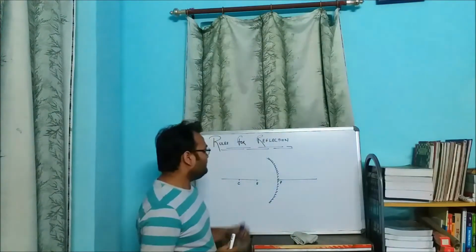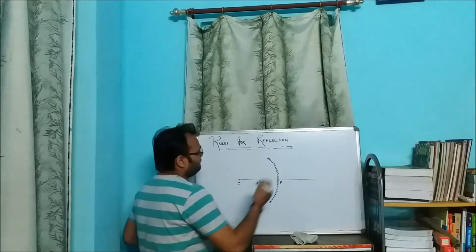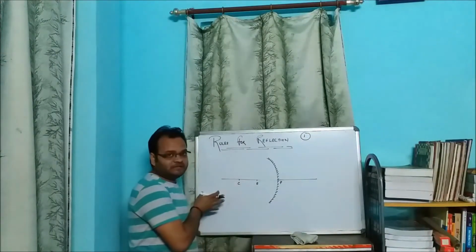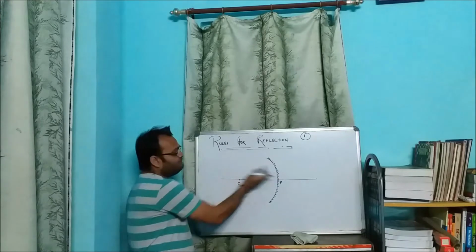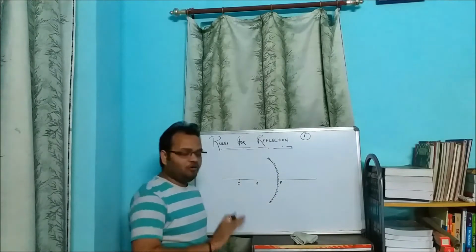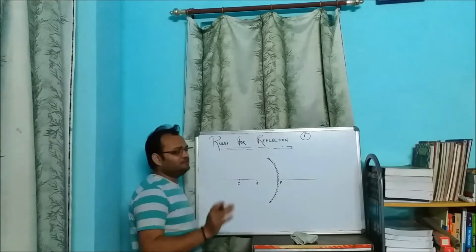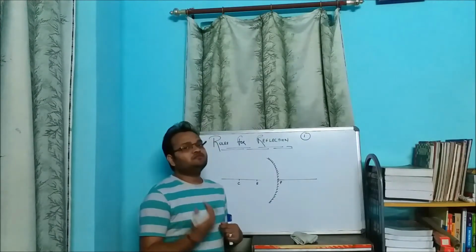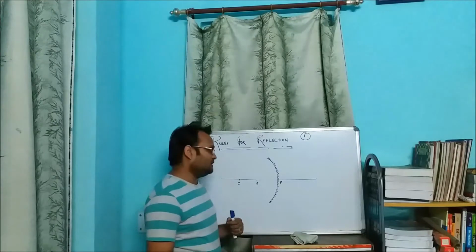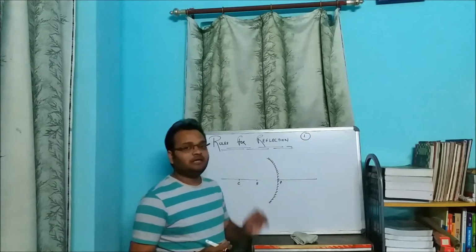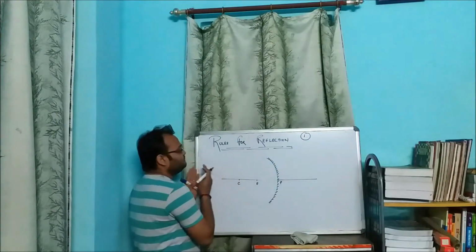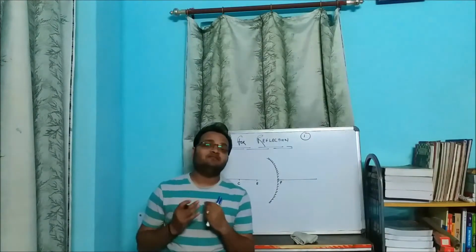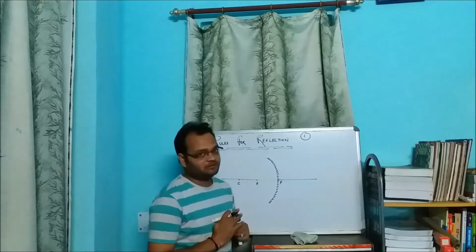Now coming to the first rule. When the object is kept in front of a concave mirror or convex mirror, I will not explain again and again, we will do concave and convex separately. Either we can use a concave mirror or a convex mirror. The first rule is, if an object is placed in front of a mirror, then there are multiple rays of light coming out from that object.